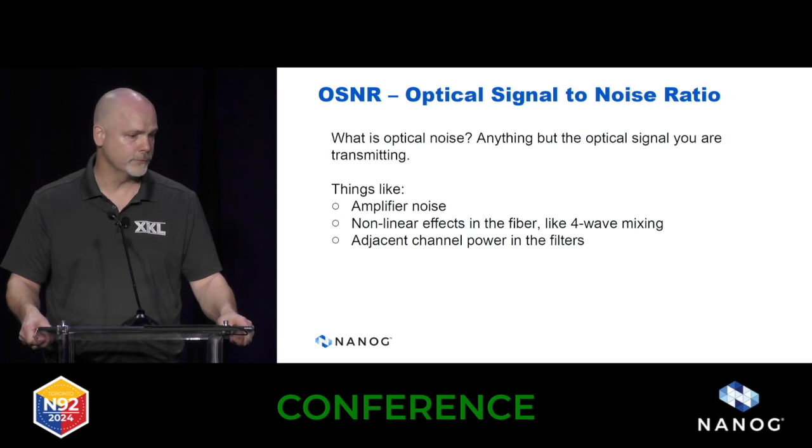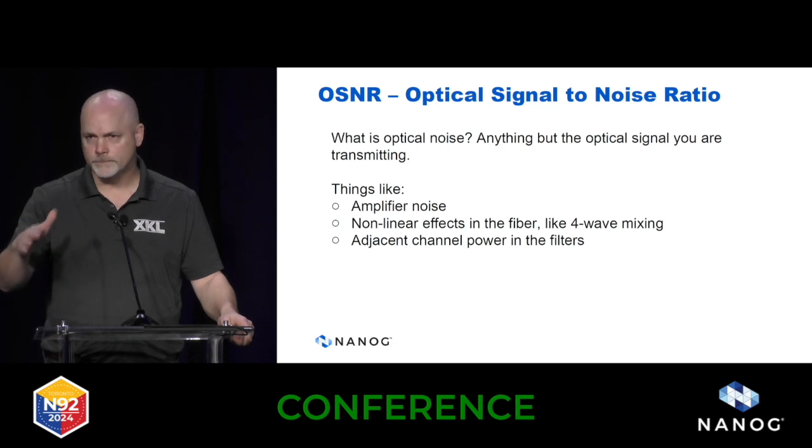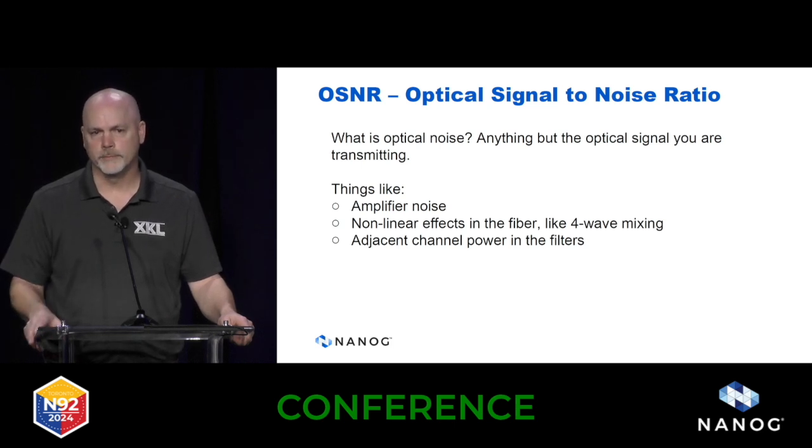The new coherent transceivers that are out there today, that's how they function. In the old days with the direct detect 10 gig and lower data rate stuff, you had a gradual decline in the performance of your link, and that's not true with these new devices. So paying attention to the noise and making sure you understand its sources is really important.